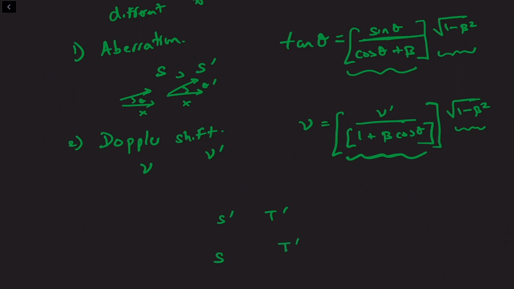It'll be t prime times gamma, since time would appear to be dilated in the frame S. And therefore the frequency nu prime, which is 1 over t prime, would be related to nu, which is 1 over t, as 1 over gamma times nu prime. So this transverse Doppler shift can be understood very easily just from the idea of time dilation.